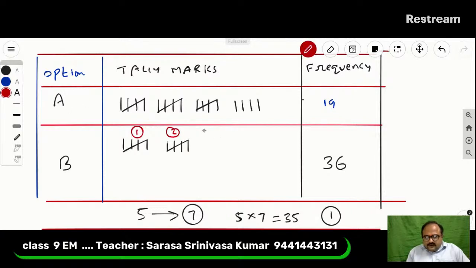Now we write the third. 1, 2, 3, 4, 5. Again now we write the fourth. 1, 2, 3, 4, 5.